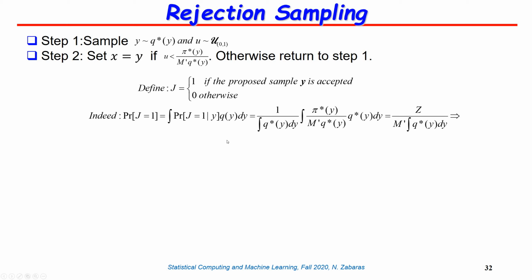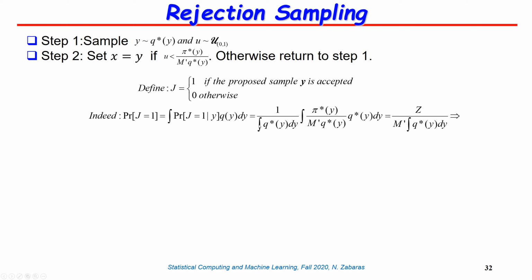Now I'm going to start substituting things in this definition here. So what is q of y? Notice that because I'm sampling y from q of y, I use directly q of y even though I know only q star. But this is the correct definition of the proposal sample being accepted.